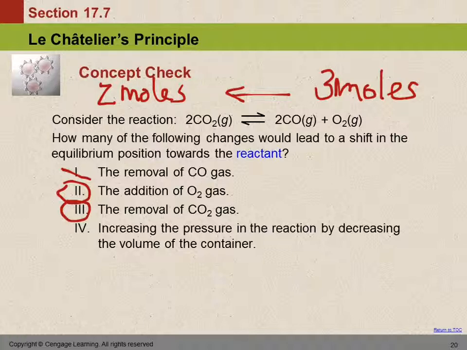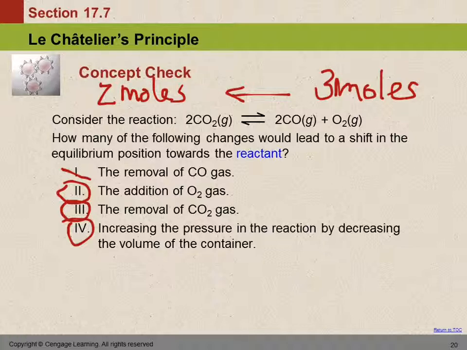So it wants to go to the side with fewer molecules. So that'll make it go to the left as well. If you increase the pressure, it will shift to the side with fewer gas molecules. If you decrease the pressure, it'll shift to the side with more gas molecules.